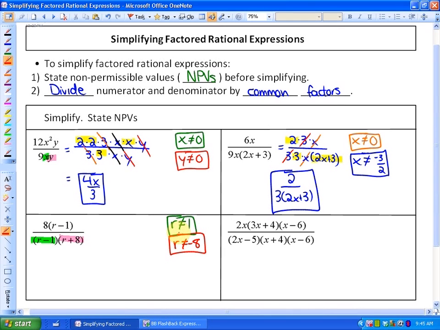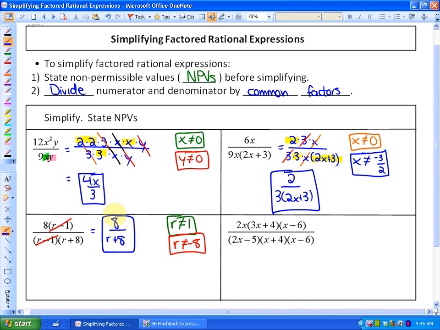What you can see is that these common factors of r minus 1 can be divided out. However, once again, you cannot divide this 8 with that 8 because the first 8 is a monomial and it's not common with the binomial factor of r plus 8. You cannot divide a monomial with a binomial. So your simplest form here is just 8 over r plus 8, and that is that.